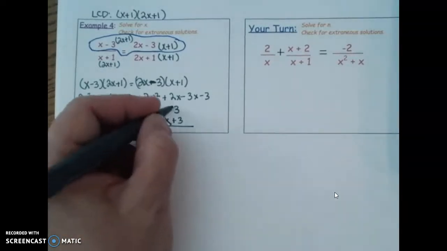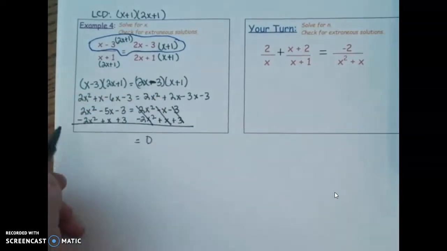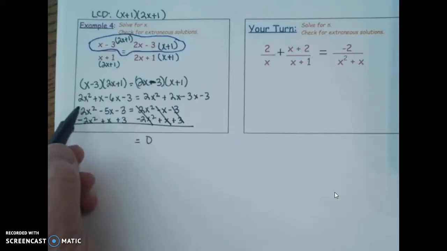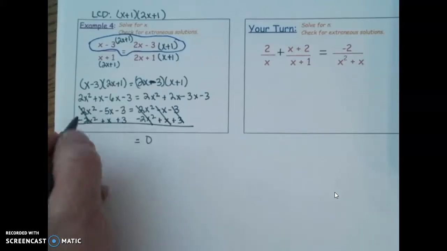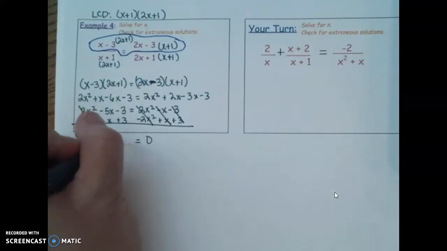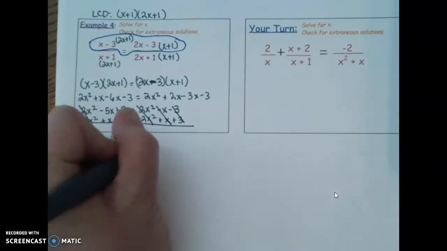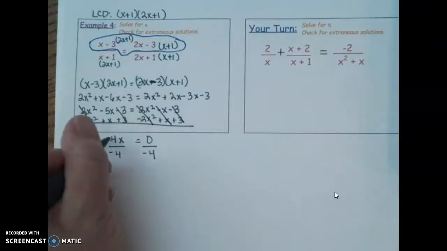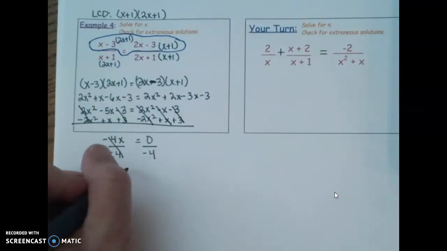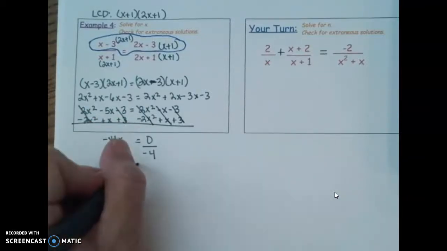So all of these are going to cancel out to give me that 0. And then our 2x squareds are also going to cancel out. So we actually have negative 4x. And then our 3's are also going to cancel. So you have negative 4x equals 0. So it's not a quadratic anymore. So we get x is 0 for our solution.